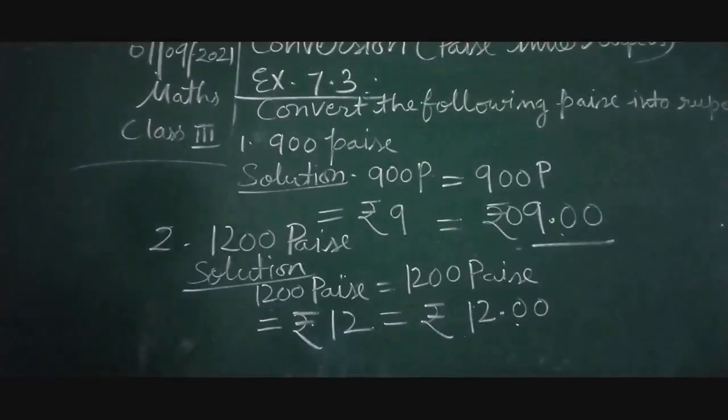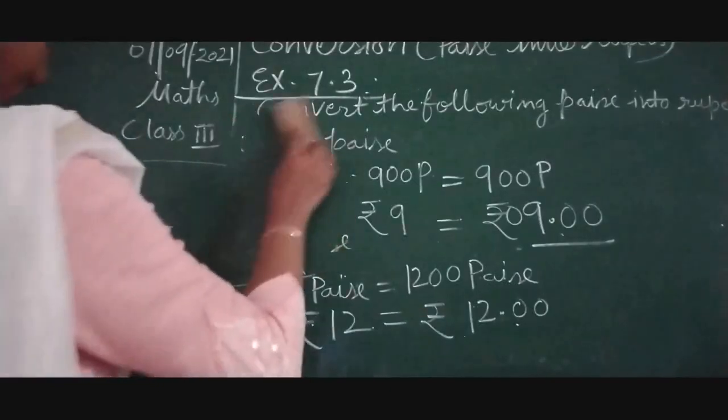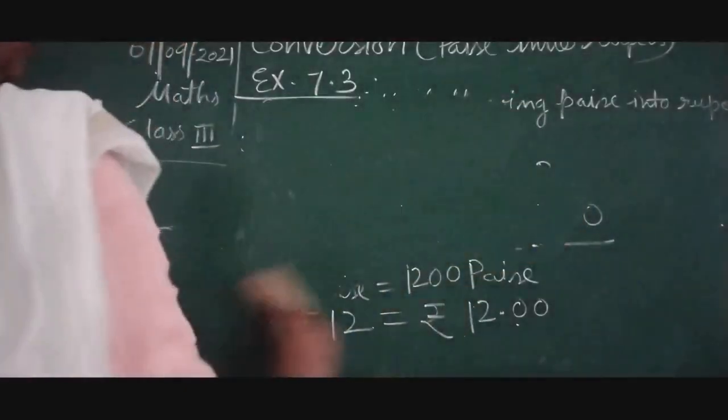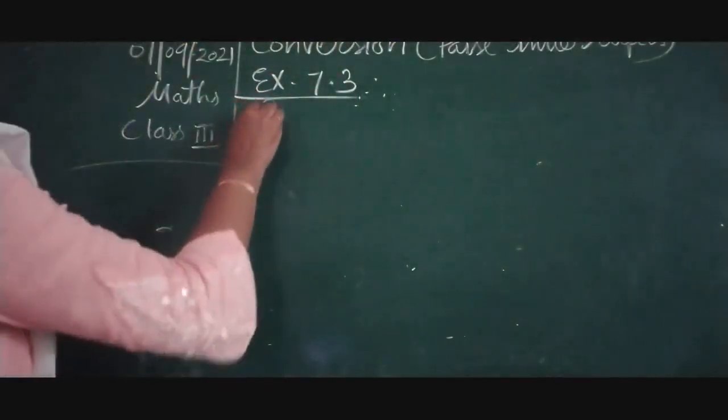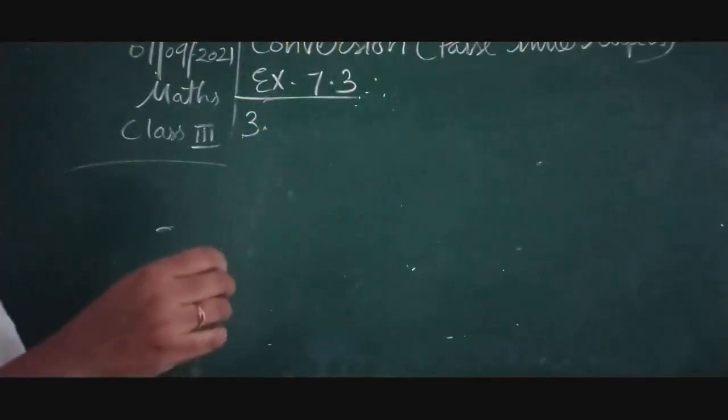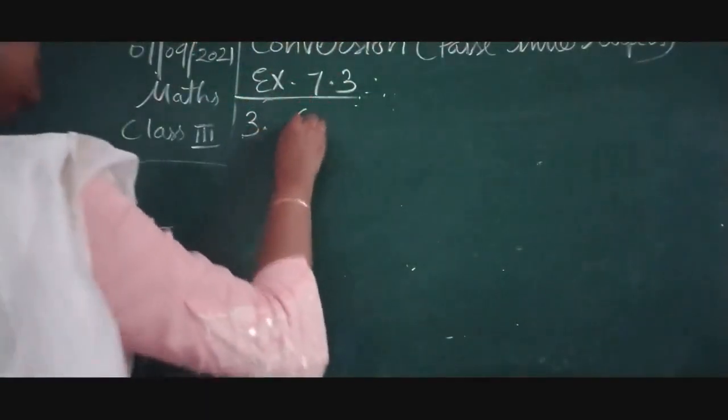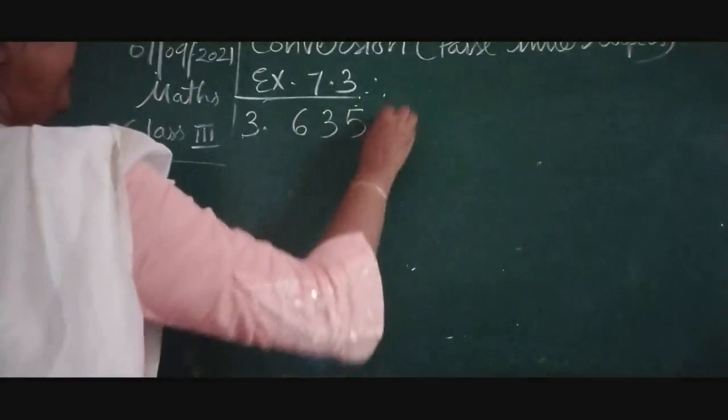चलिए बच्चों, now we are going to do third number. Third number question of exercise 3.7.3. Here you can see 635 paise.